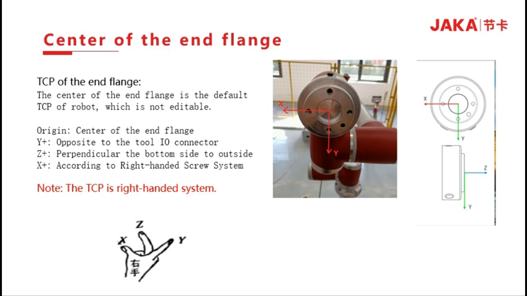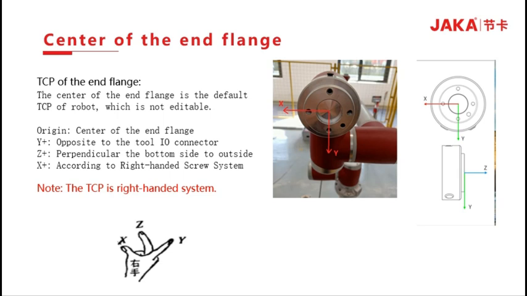Before we start learning TCP, let's look at the End Flange TCP. This is the default position for TCP of the robot and its parameters cannot be modified. The origin of the end flange is at the center of the end flange. The opposite direction of the end tool I/O connector is the positive direction of this TCP. The Z positive direction of this TCP is from the center of the end flange towards its outside.